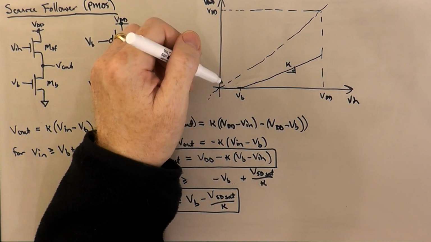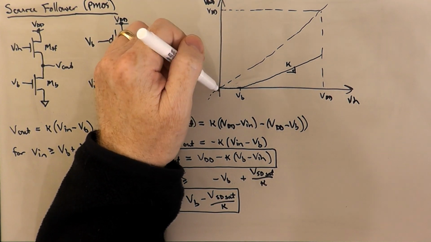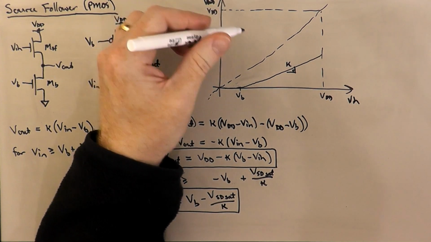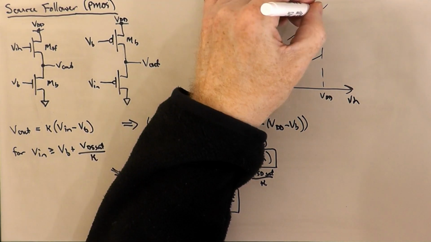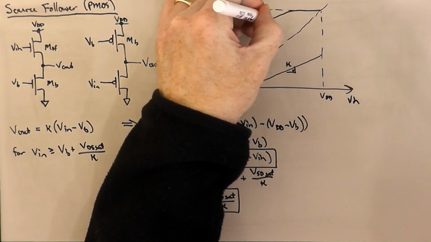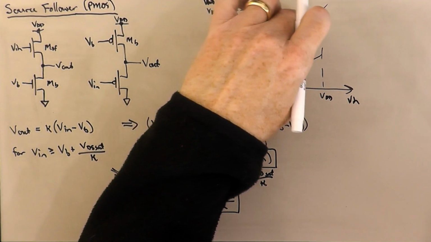We can flip that around so that stuff that was true up from ground is true down from VDD on both axes. And so the PMOS curve would look something like this.